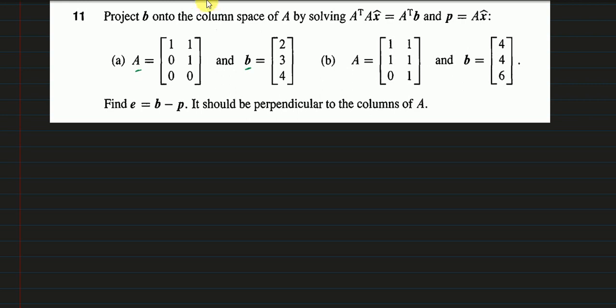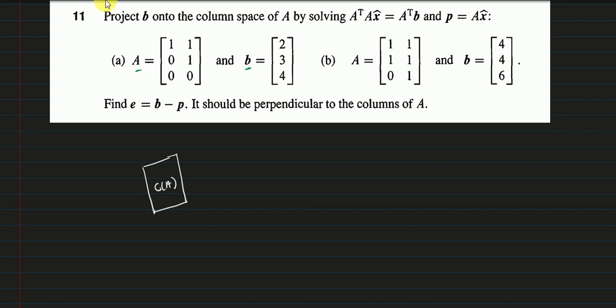One more thing, this B is obviously not in the column space of A. So if we draw our picture, if this is our column space of A, then what would be the orthogonal complement of this column subspace?